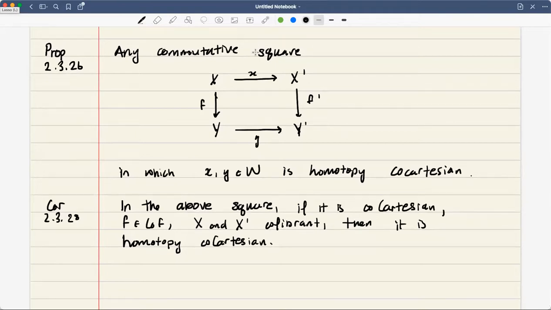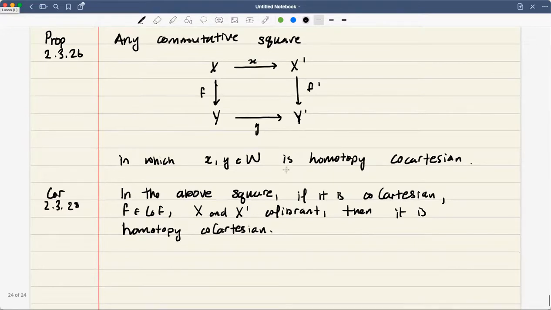Okay, here's another example. You have any commutative square and your top and bottom maps are weak equivalences, then this will actually be homotopy co-Cartesian. And if the above square is co-Cartesian in the one-category sense, it's a normal pushout, F is a cofibration, your top two objects are cofibrant, then you're homotopy co-Cartesian.